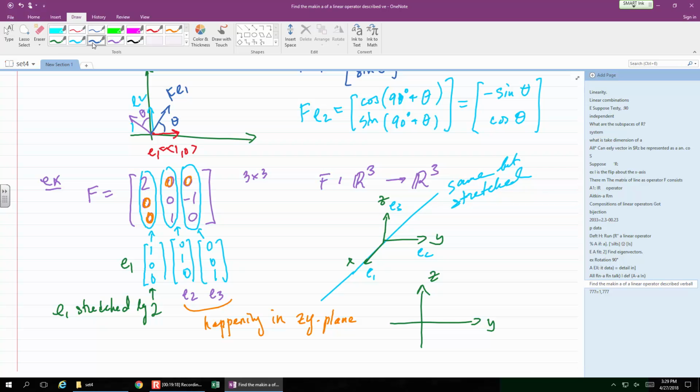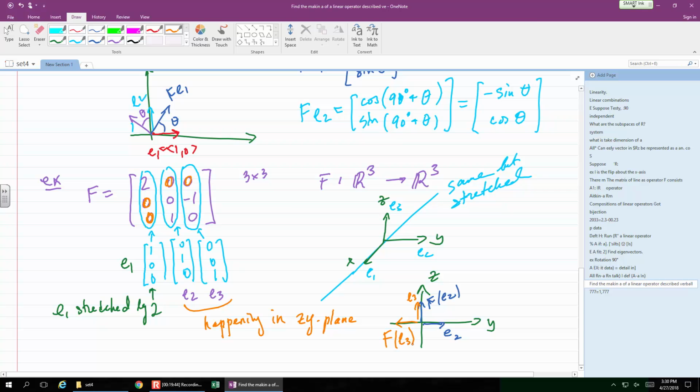One of them is E2, and we know that it will be here. So this is f of E2. It becomes E3, right? And what happens to E3? It becomes negative E2. So this is f of E3.